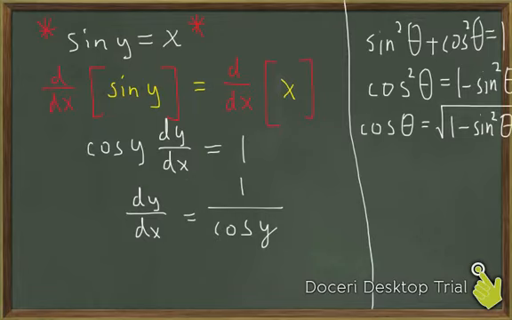If we did that, we would come down to the final answer, which would be cosine y equals the square root of 1 minus sine squared y.